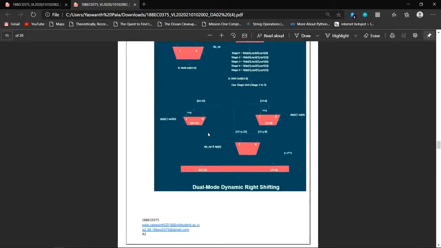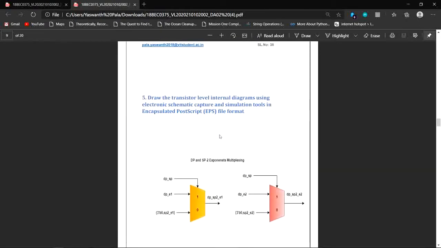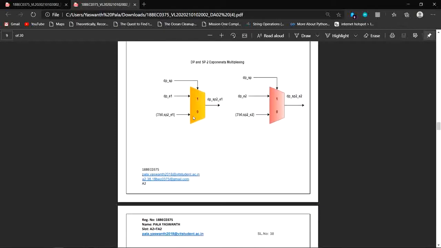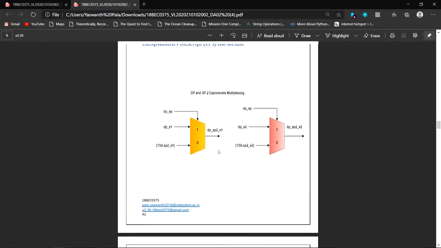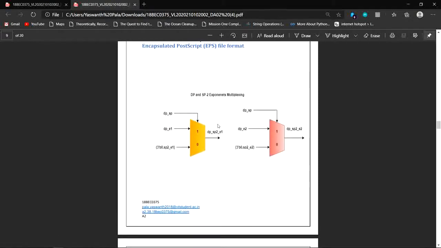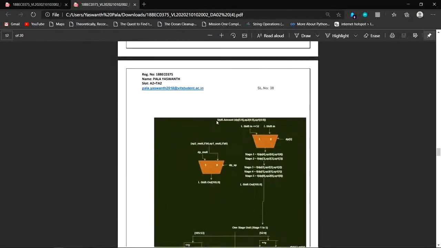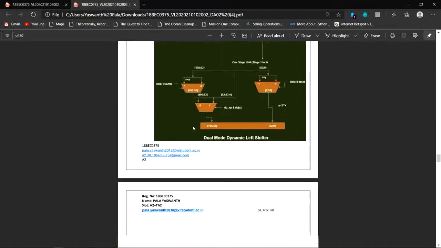The dual mode dynamic right shifting, which is needed to perform the whole operation, is also shown, along with how the process carries on one by one. This is the order to be followed. I have drawn these flowcharts and diagrams using draw.io, as I mentioned before.